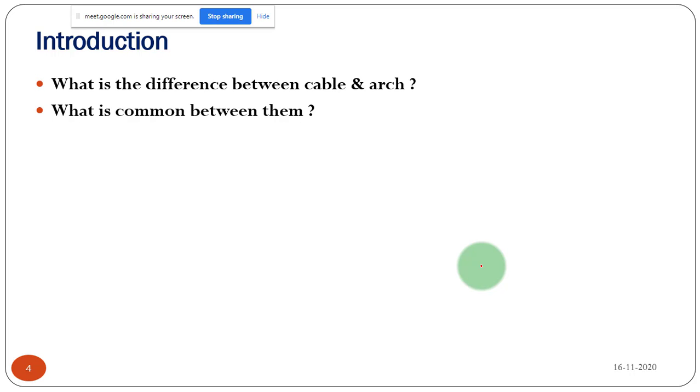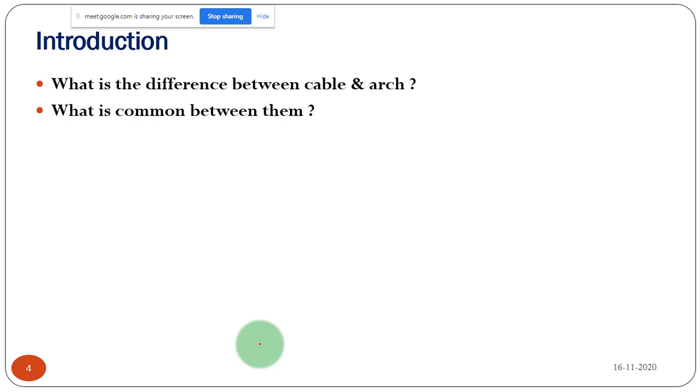Sir, a cable is an inverted arch. Yes, that is good. If you look at the structure, if you take a parabolic arch, a cable also looks parabola-shaped, so we can say that a cable is an inverted arch.